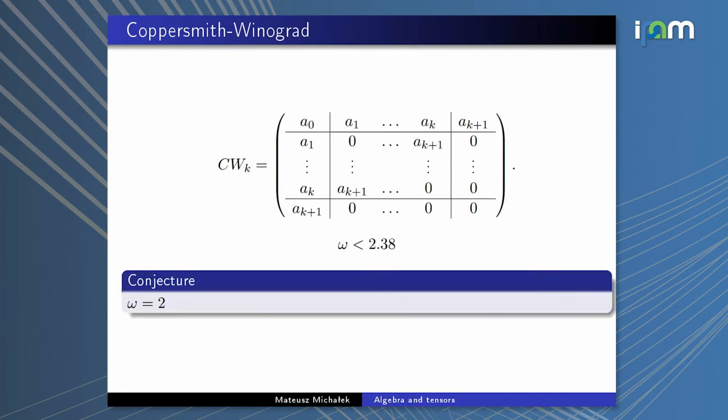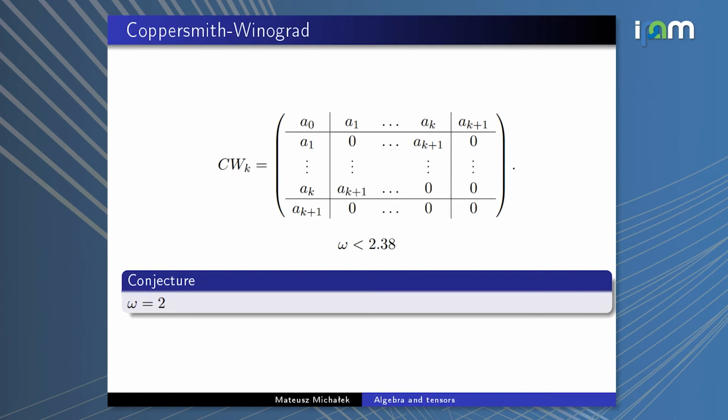Now, as you can see, there is a conjecture that omega is actually equal to 2. Clearly, you cannot go beyond 2 because you cannot multiply n by n matrices faster than n squared, because that's the time to output. It's also easy to see that the rank cannot be so small.